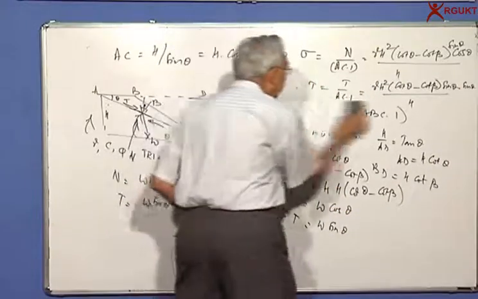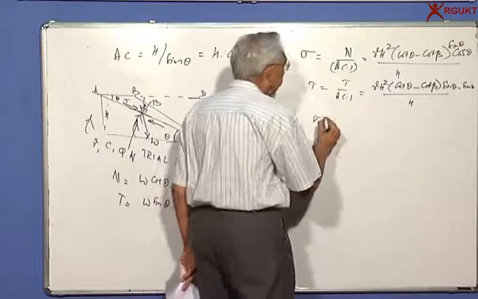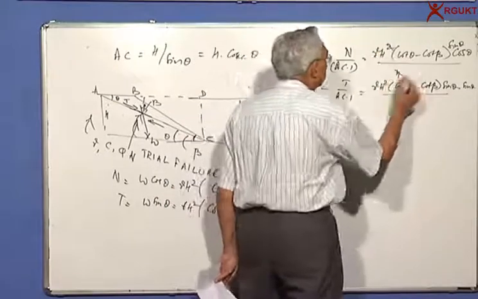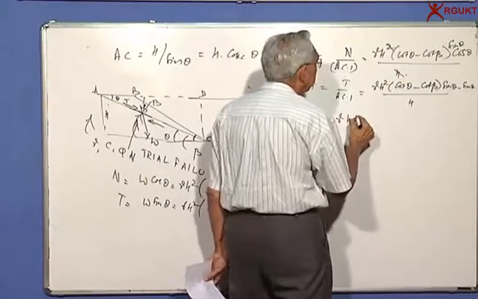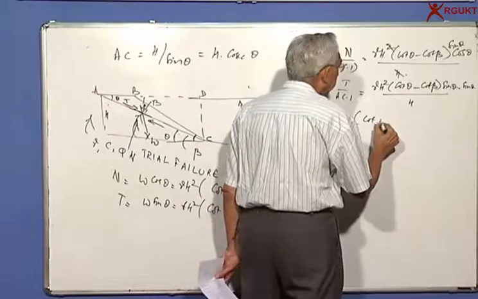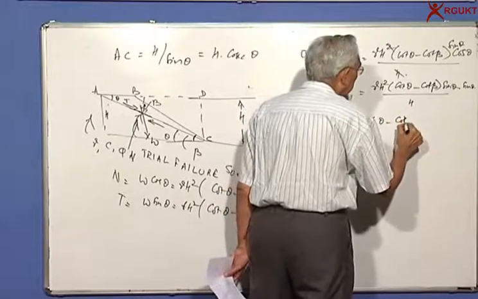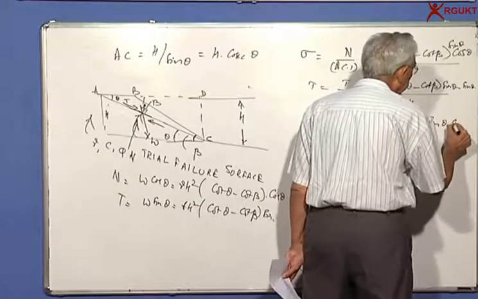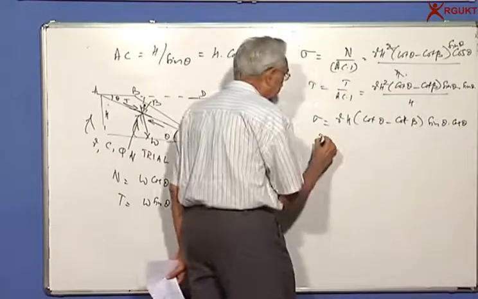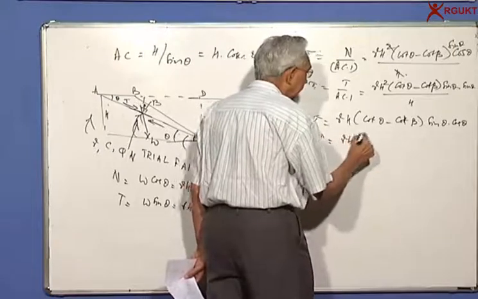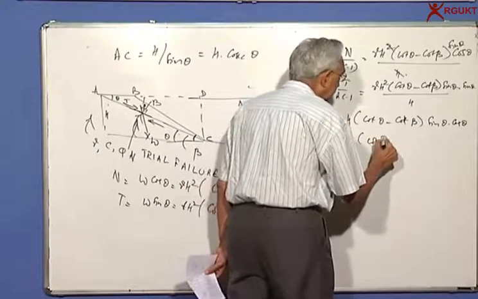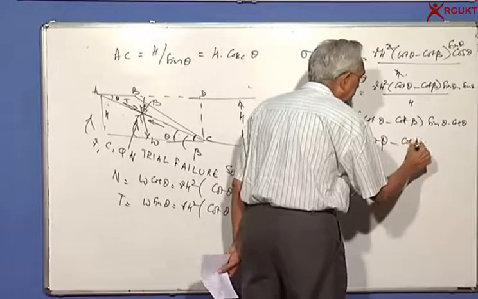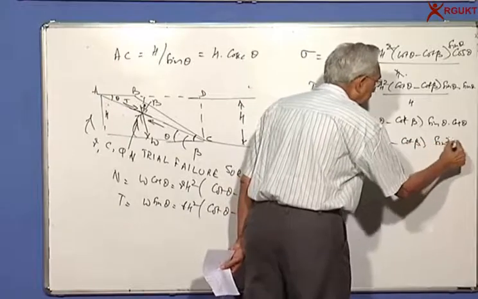We can write now, sigma would be equal to, cancelling, gamma h into cot theta minus cot beta sine theta cos theta, whereas the shear stress is equal to gamma h cot theta minus cot beta sine square theta.